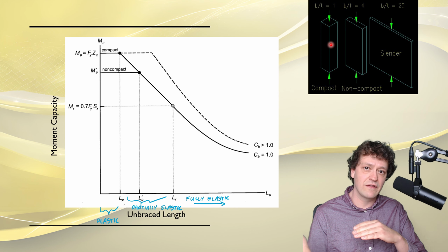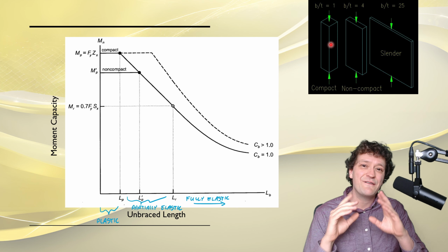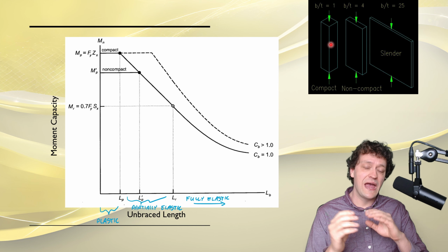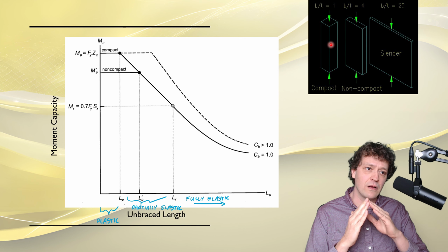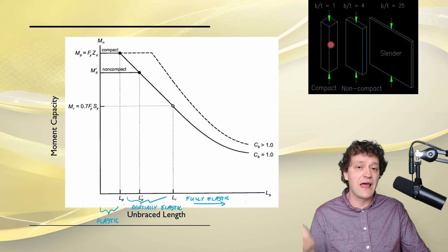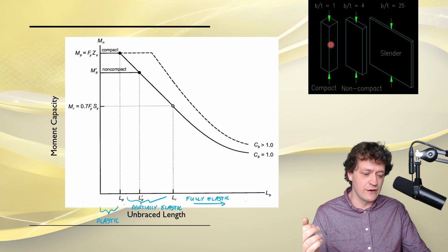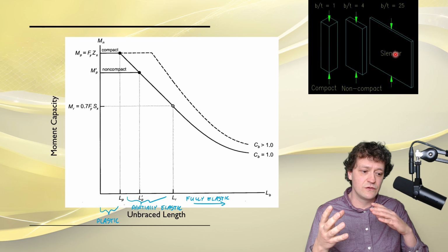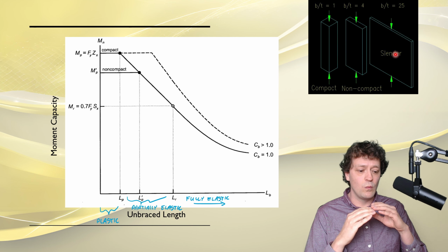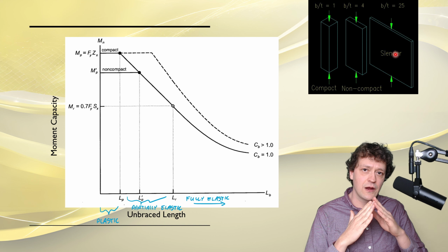For the non-compact section, you get some amount of elastic buckling, but there's also some plastic permanent deformation that occurs. And then for the slender element, when your B over T is 25 or greater, then you've got a fully elastic pop.